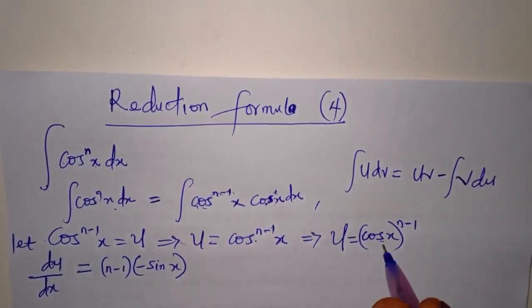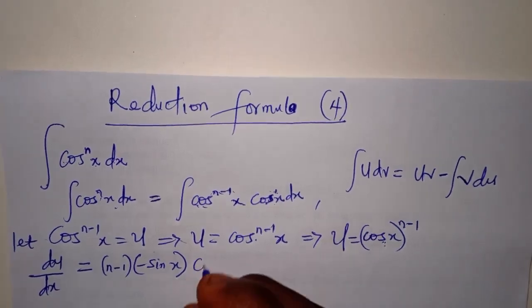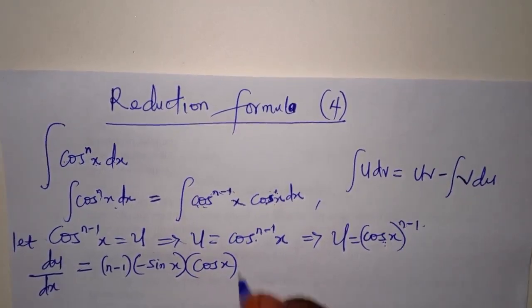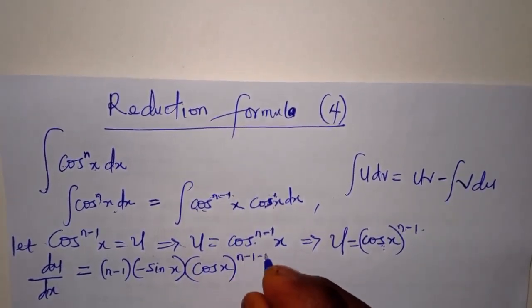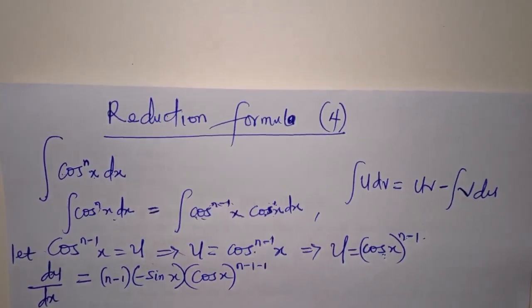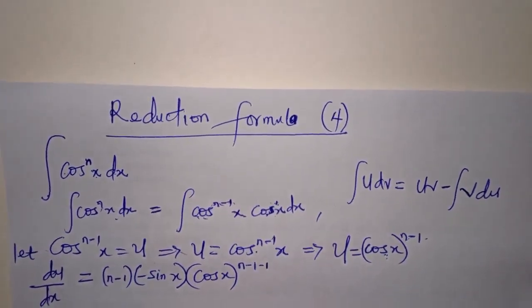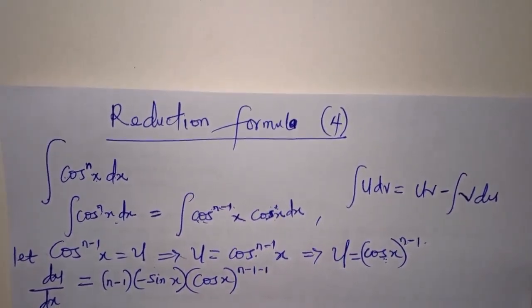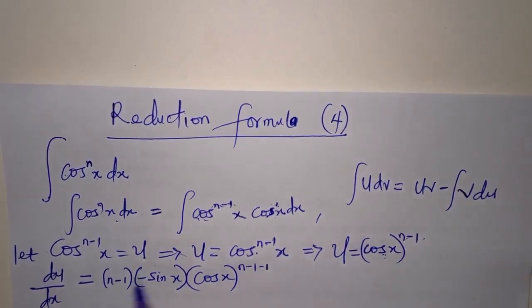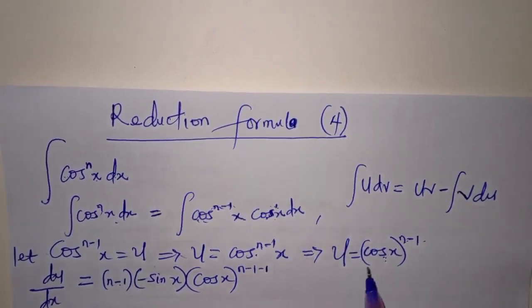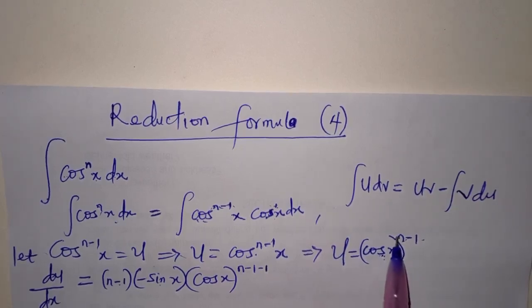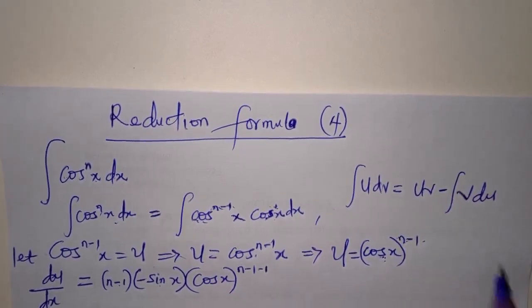Now write the function itself, cos x, then subtract 1 from the power as n minus 1 minus 1. This is a shortcut, instead of doing dy/dx equal to dy/du times du/dx, which is a long process. So write down the power multiplied by the derivative of the inner function multiplied by the function itself raised to the power of n minus 1 minus 1. You get it?